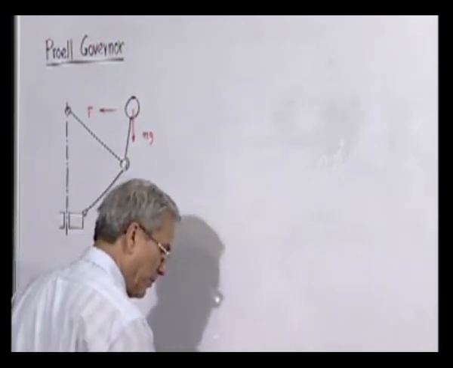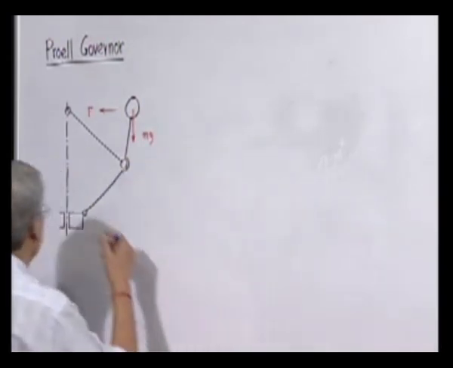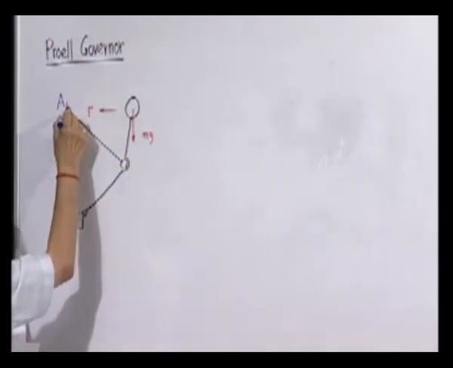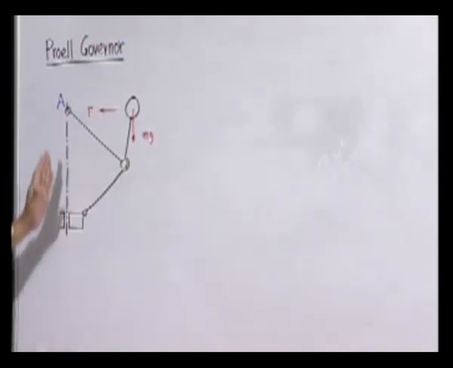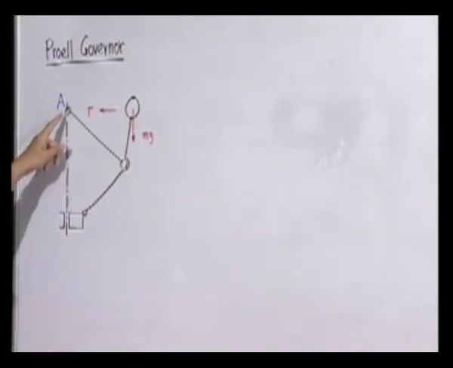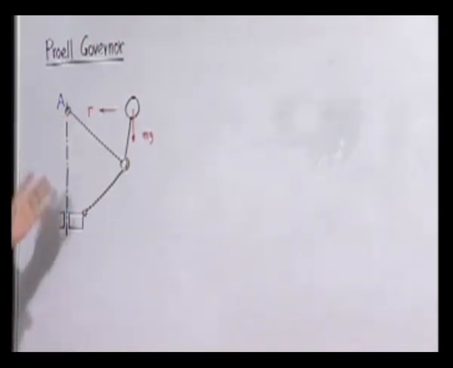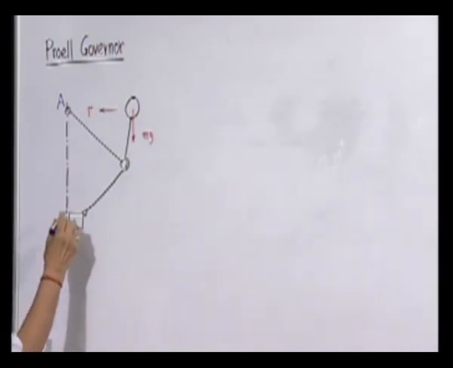Let us give names to various points. In this particular case we have kept it hinged on the axis, but in a particular situation it may be even away from the axis. Each and every case has to be solved separately.